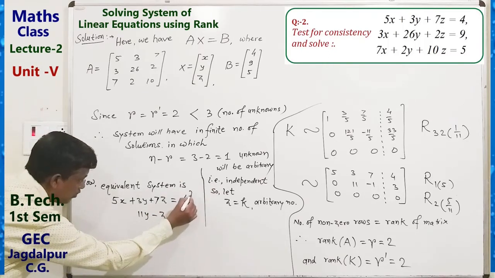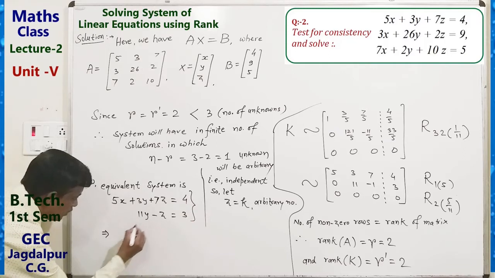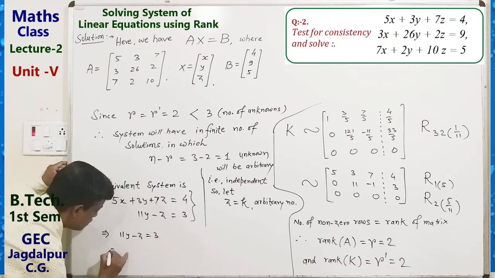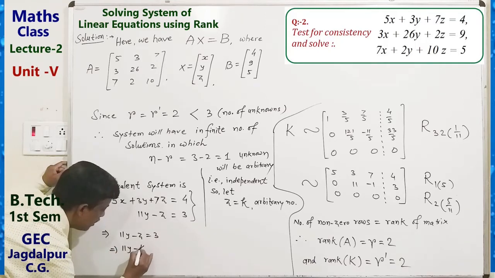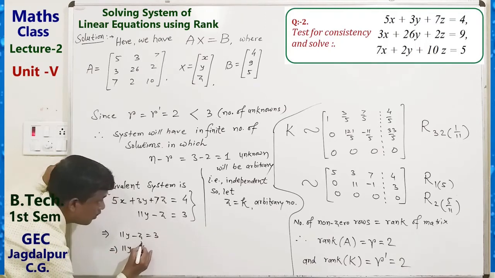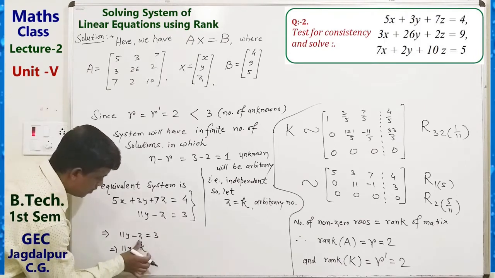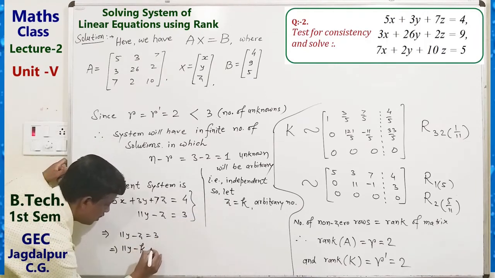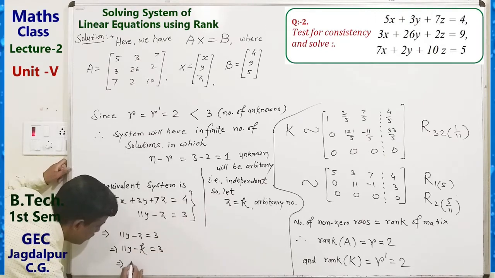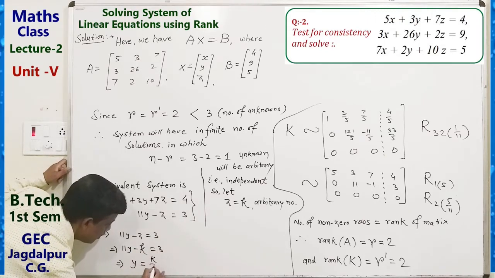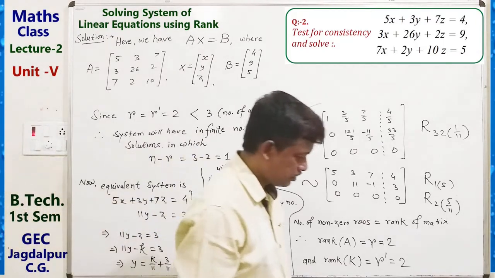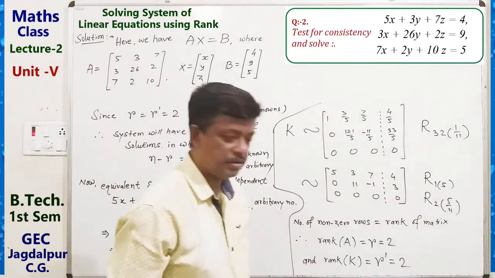So in this system, 11y minus z equals 3 implies 11y minus k equals 3, so y equals k by 11 plus 3 by 11.